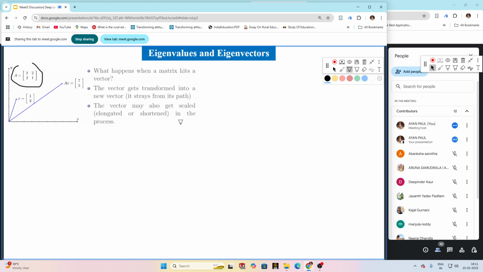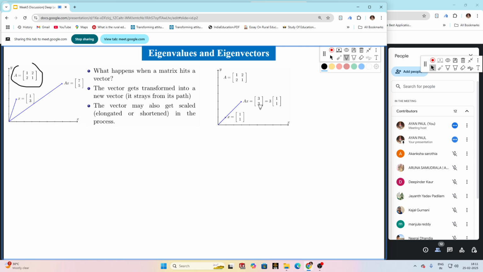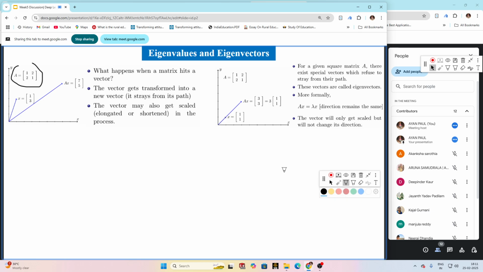But what we are interested in is finding some vectors that, whenever multiplied by a matrix, will not change their direction. The magnitude will be altered, but the direction will not change. So what type of vectors are these called? These special vectors are known as eigenvectors.